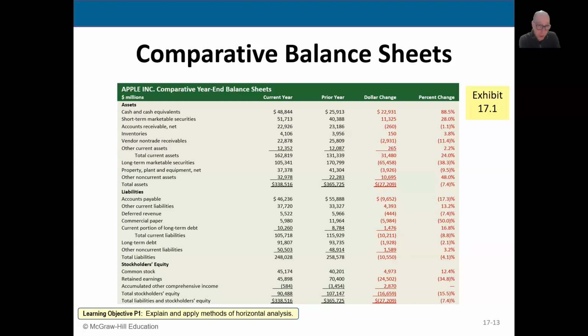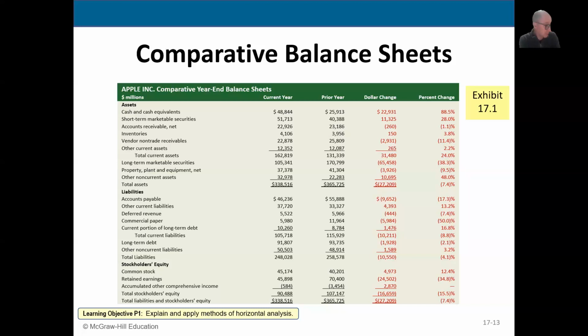How do I find the percent change? It's new minus old divided by old times 100. So 338,516 minus 365,725, divided by 365,725, times 100 is negative 7.4%.